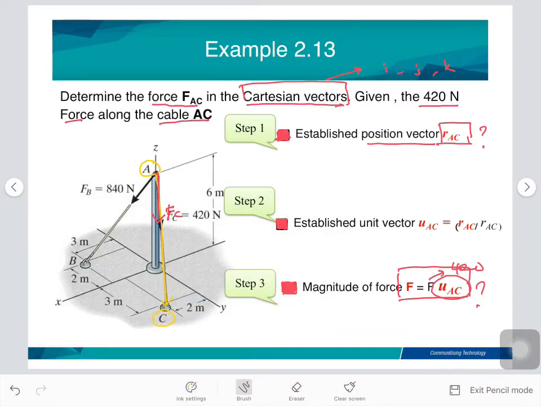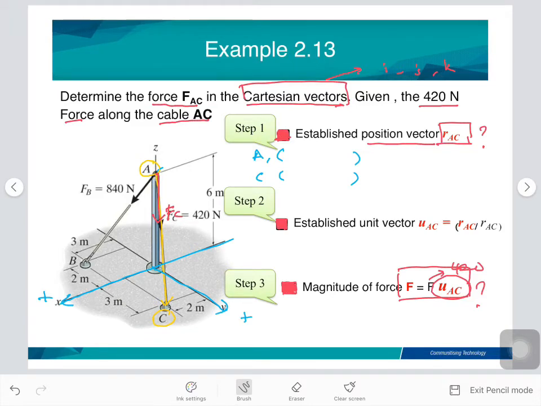Can you determine the coordinates A and C? Can, right? So here you need to get what A is. Remember how to determine the coordinate A? As usual, you need to know the positive direction of X, Y and Z. For this case, this is X positive, right-handed.